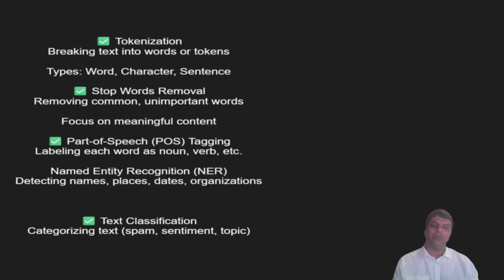And then we will move to the important topic, named entity recognition, NER. And finally, we will learn about text classification and summarize the lecture. So let's start with the introduction. Why NLP is important, how NLP works, and what are the real time examples of NLP.